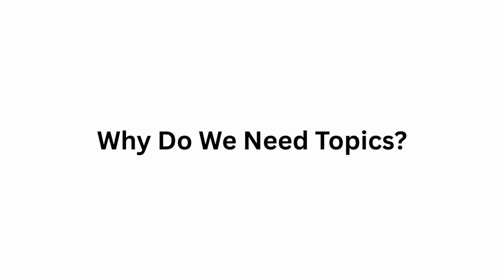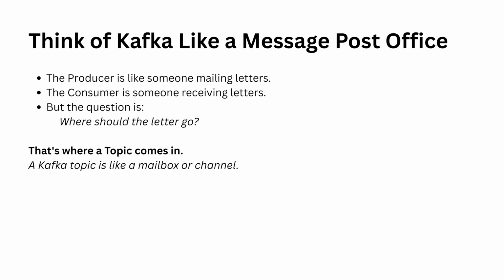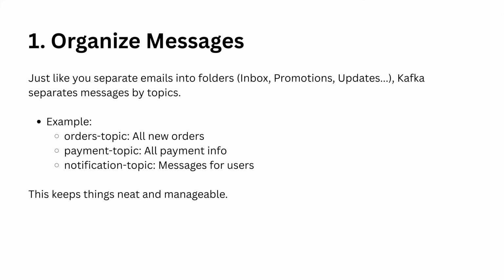Now if you're wondering why we need topic, think of Kafka again like a message post office. Producer is like someone mailing letters, and consumer is someone receiving letters. But the question is, where should the letter go? A Kafka topic is like a mailbox or channel, right? That's where a topic comes in.